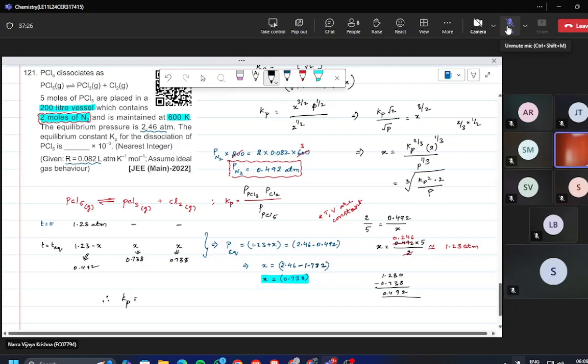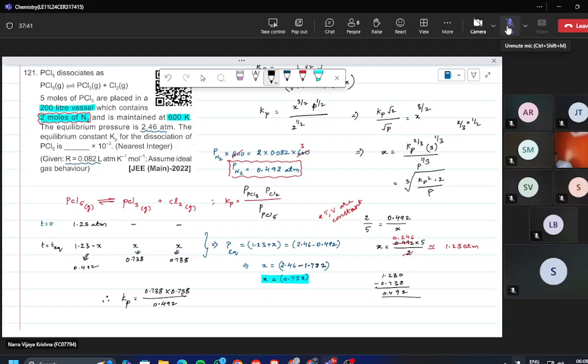Kp equal to 0.738 into 0.738 divided by 0.492 over. Right?